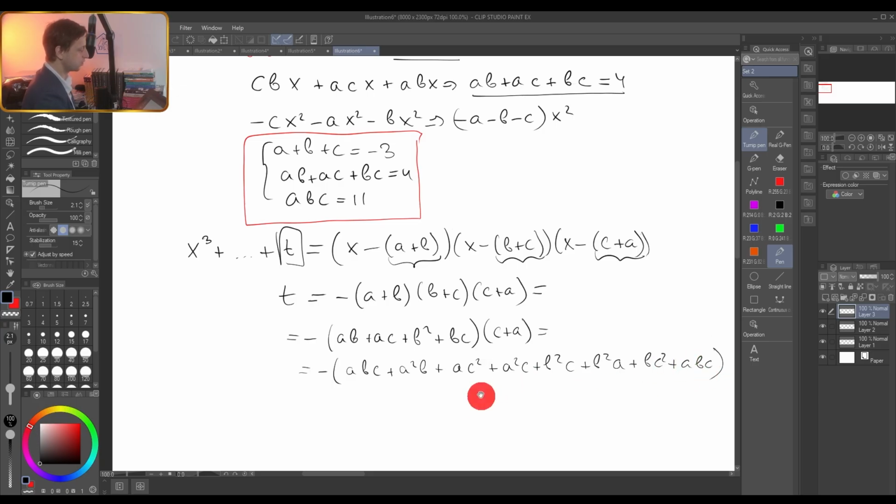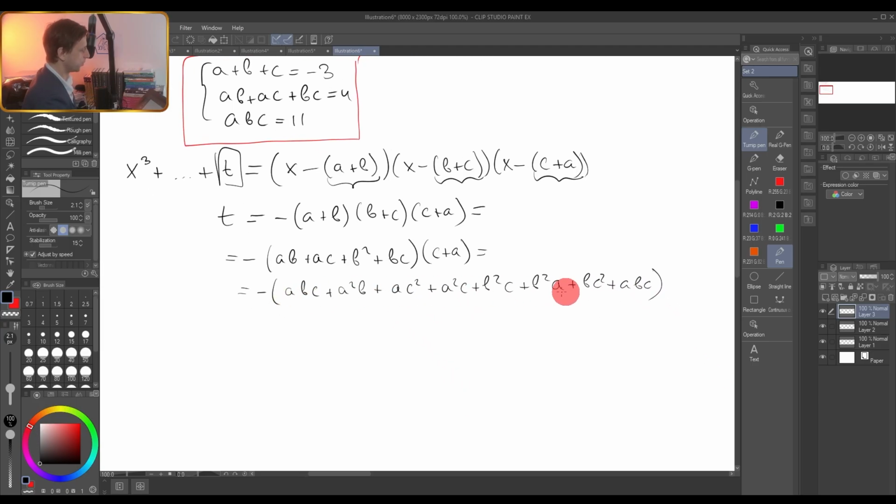Great, and here, if you want to group summands in a reasonable way, you will pretty much understand how it really looks. The best way to do it is like this. At first we go with abc, so these are like terms, so it will be 2abc, and then you see what we have here, a squared b, b squared a.